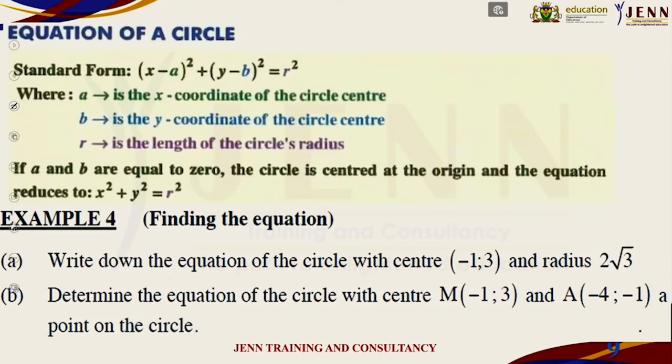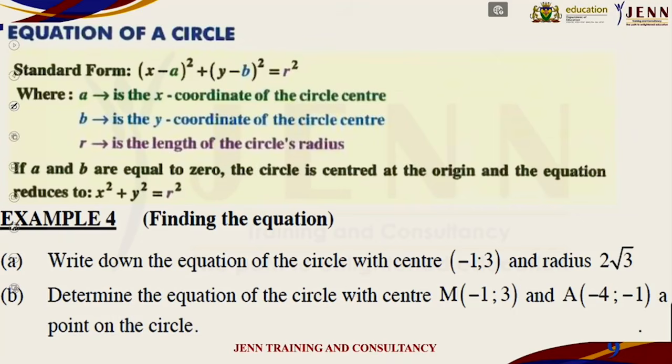In terms of the equation of a circle, already I have touched on it, but going through our slide, what is the standard form of the equation of a circle?